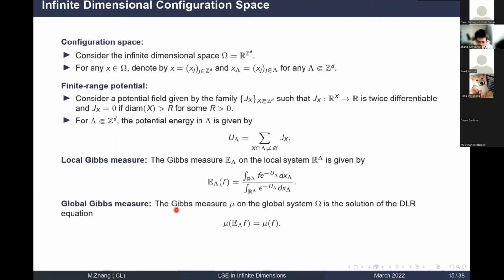Since this is an equation for mu, it could admit more than one solution, or no solutions. If there is more than one solution, it corresponds to phase transitions, because every global distribution corresponds to one phase. If there is no solution, then something goes wrong in your system, and you may have to modify your potential U.